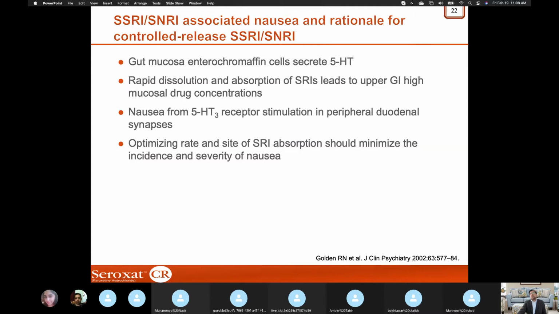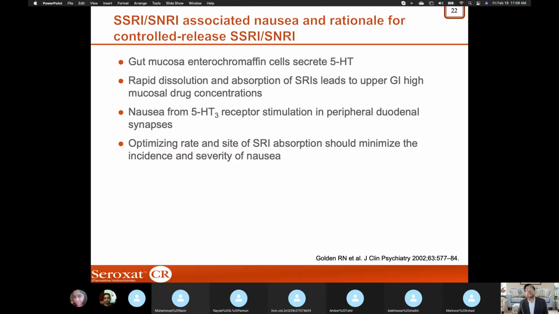Rapid dissolution and absorption of SSRIs leads to high upper GI mucosal drug concentration. Nausea from 5-HT3 receptor stimulation in the peripheral duodenal synapses is the cause, unfortunately, which needs to be addressed with the SSRI. Optimizing the rate and site of SSRI absorption should minimize the incidence and severity of nausea.